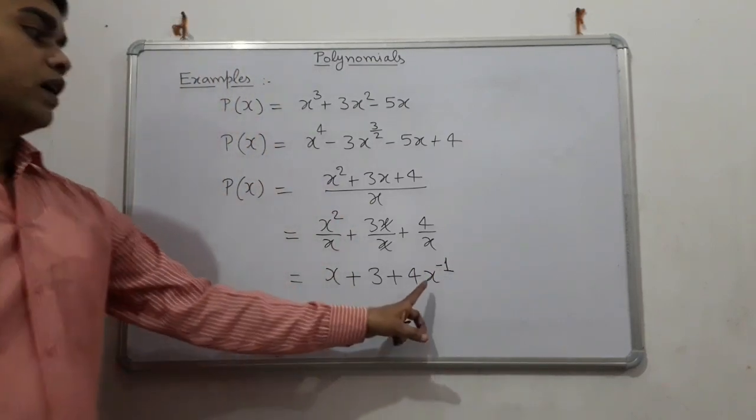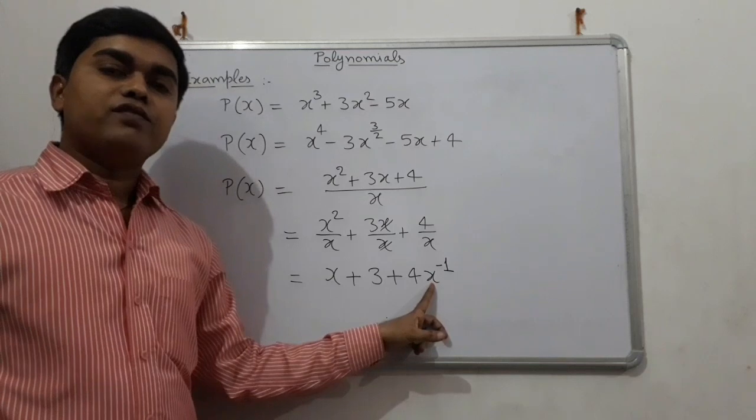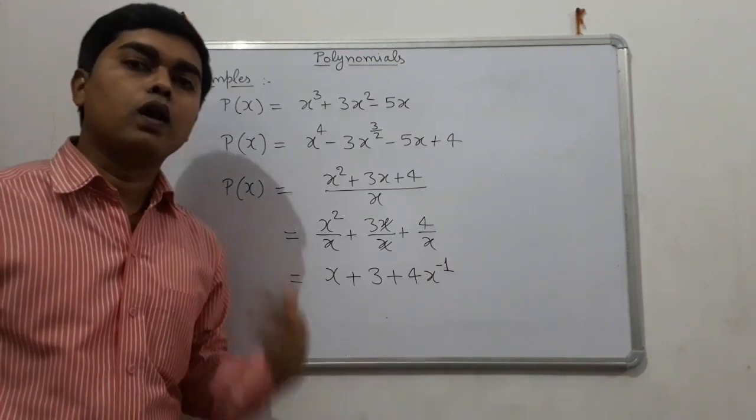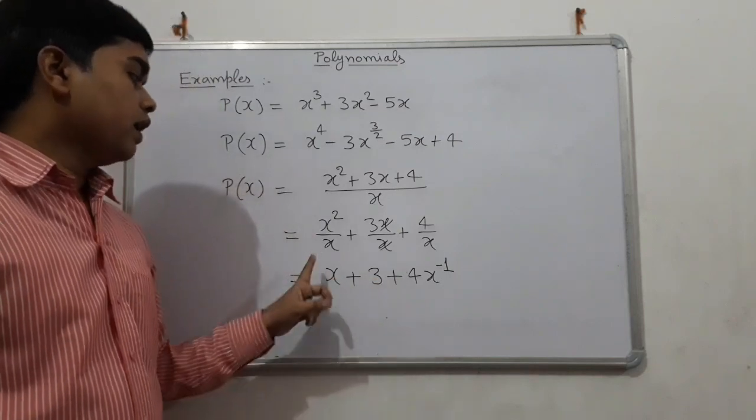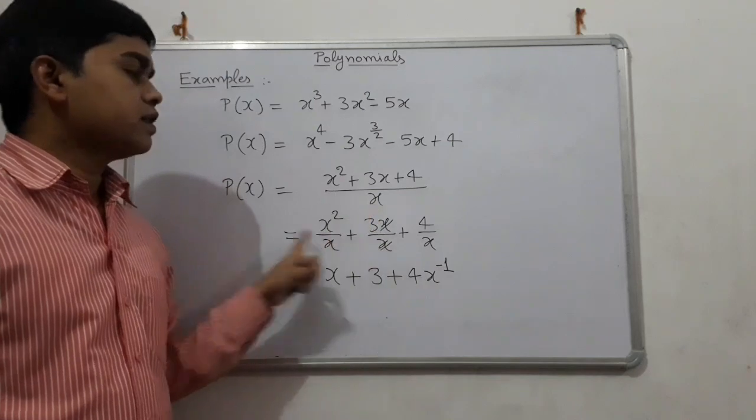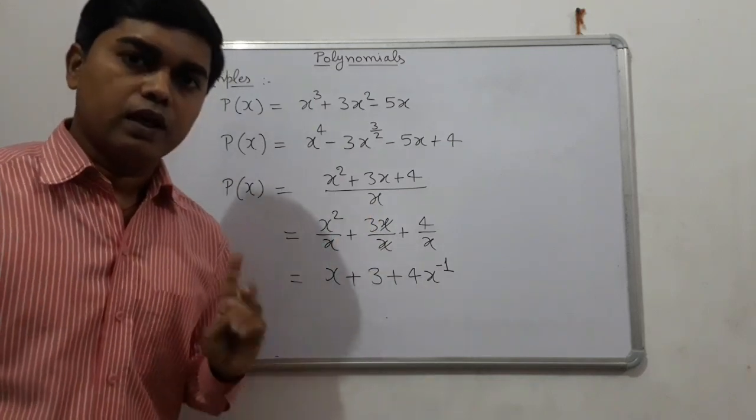Now children, see here power of variable is negative number. So negative number means this is not a whole number. So you can say power of variable is not a whole number. That's why this is not a polynomial. Understood?